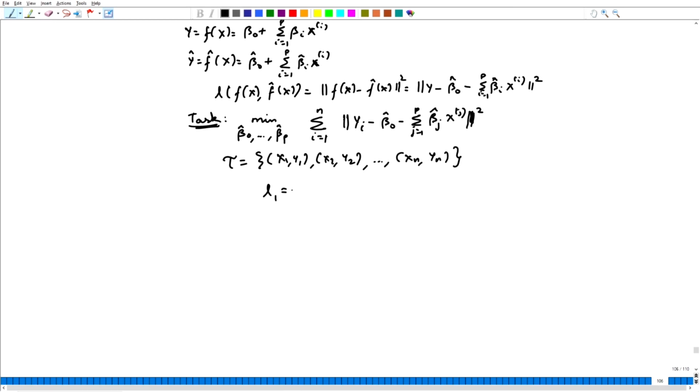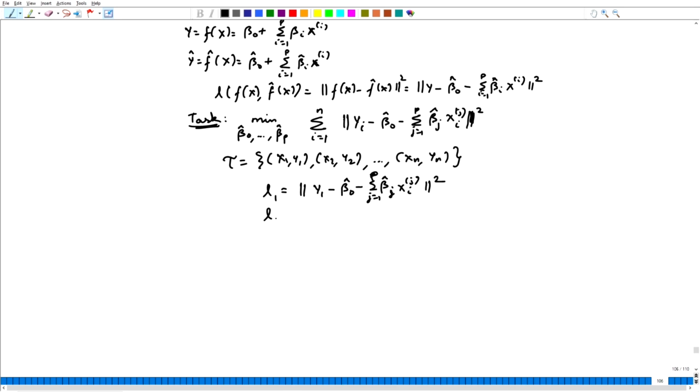L1 is the norm of y1 minus beta naught hat minus the sum of beta j hat xij, j equal to 1 to p, the whole squared. So, this is the loss function for the first data point for a given beta naught hat to beta j hat.